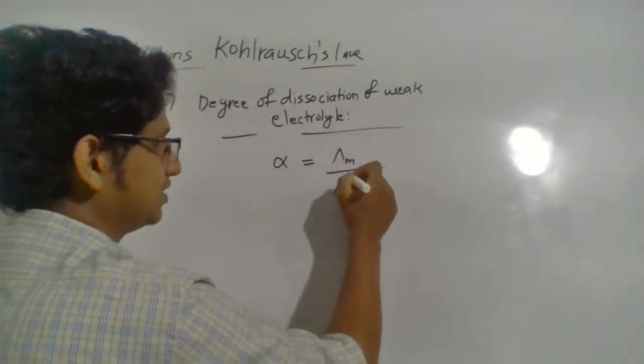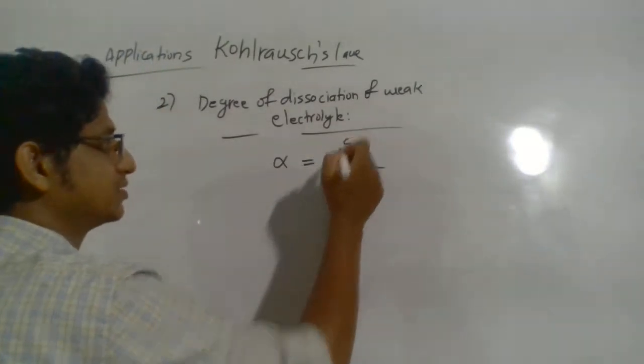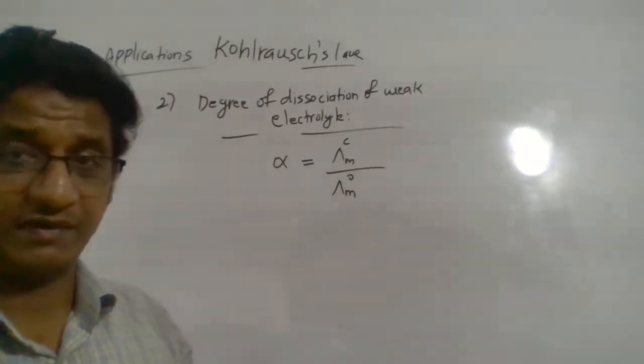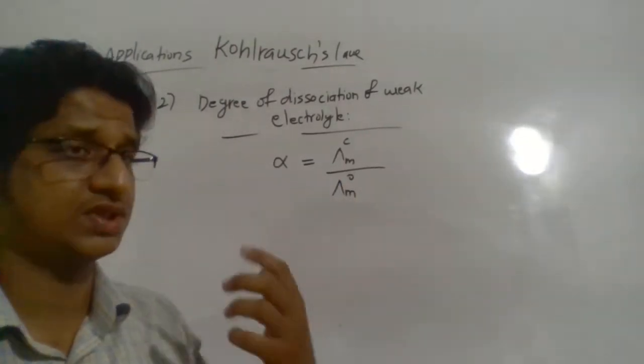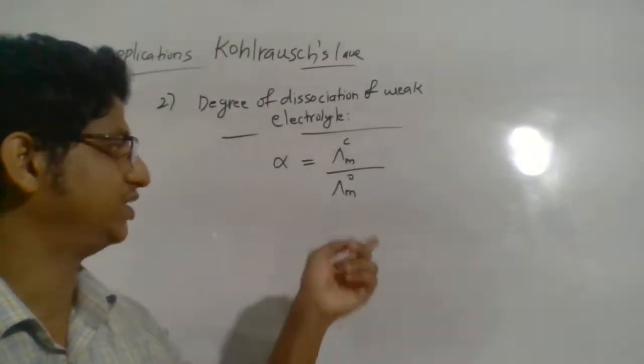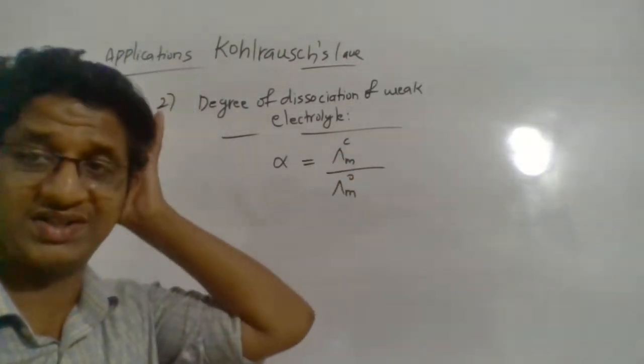This is the equation for a particular concentration. Lambda mc is the molar conductivity of the weak electrolyte, and lambda m0 is the molar conductivity at infinite dilution. If you have these two values, you can find the degree of dissociation.